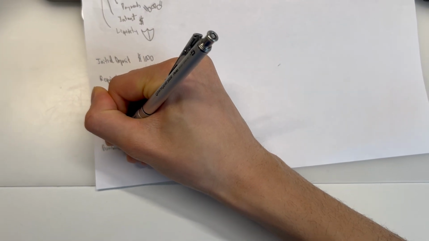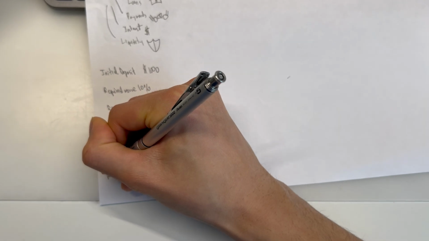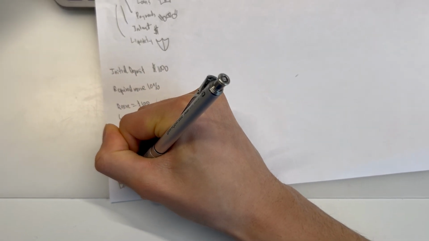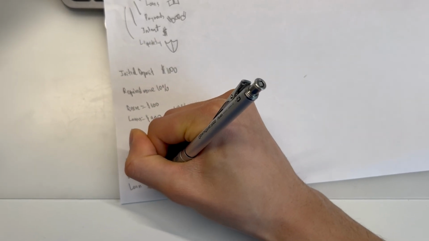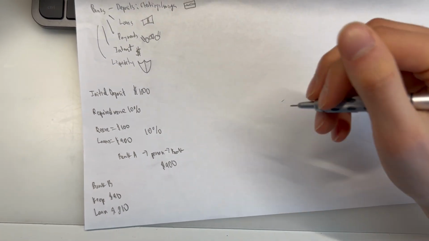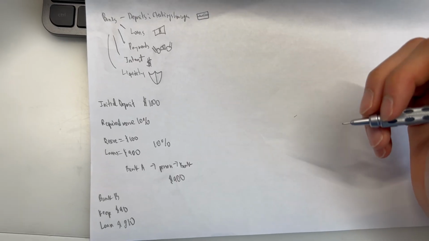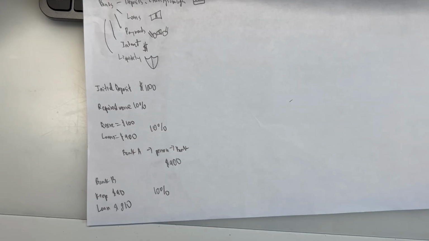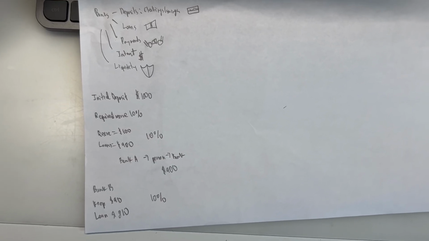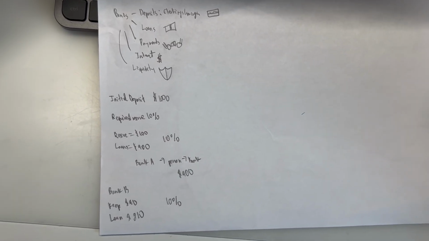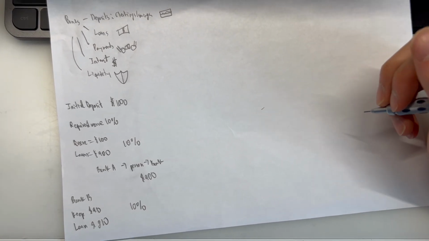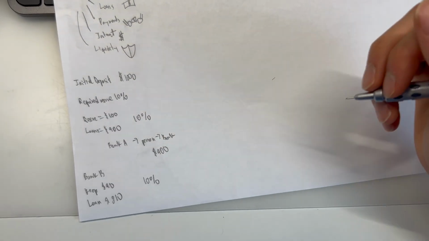For example, bank B keeps $90 and loans out $810, and this process repeats. Each bank continues to keep 10% and lends out the rest, and this essentially creates more deposits. And we see that the money multiplier shows the total maximum increase in the money supply.